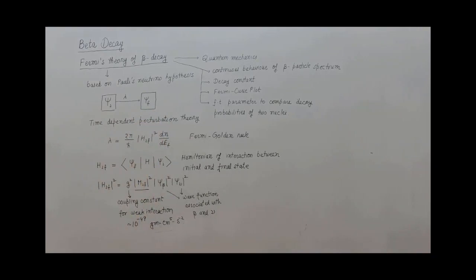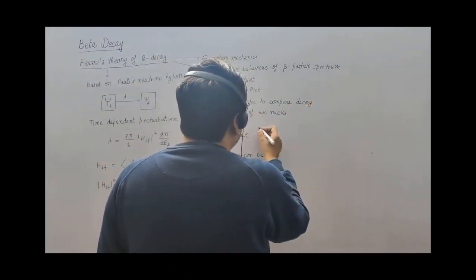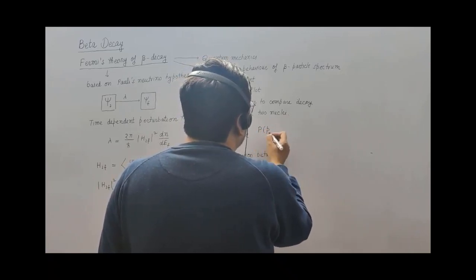On the basis of this, he derived an expression for the probability of the emission of a beta particle per unit time within the momentum interval PE and PE plus DPE.